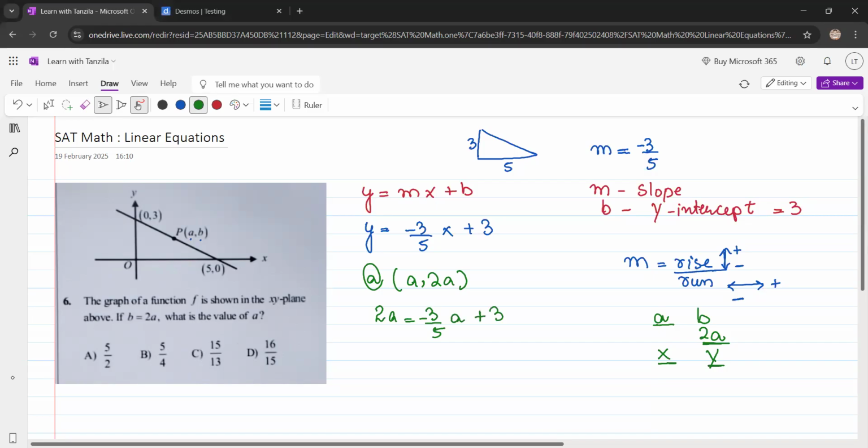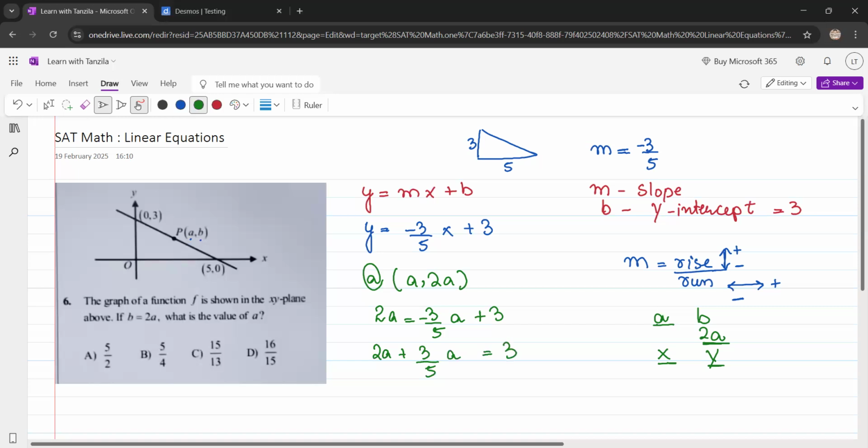Simplify it. First of all, we'll add this 3 over 5a to the 2a, so 2a plus 3 over 5a equals 3.